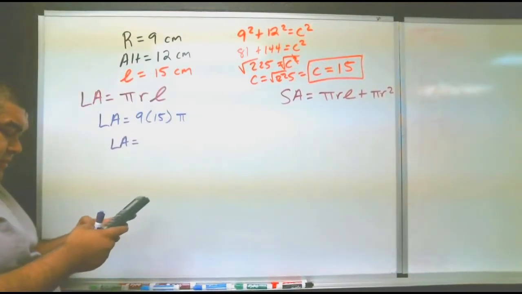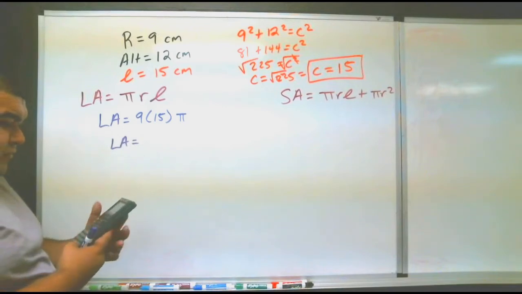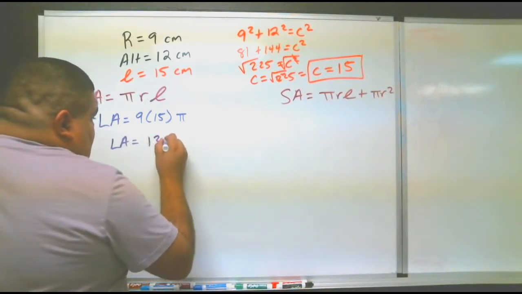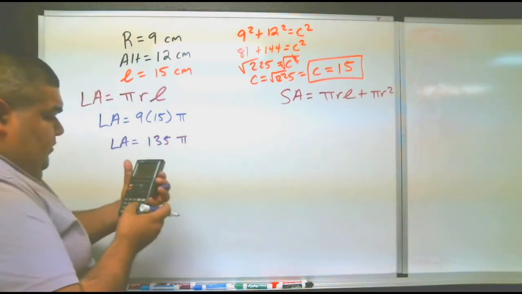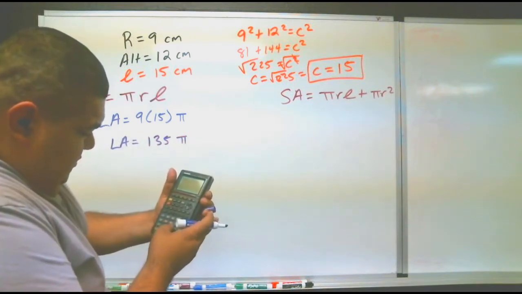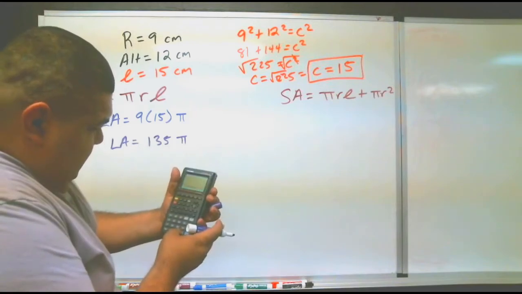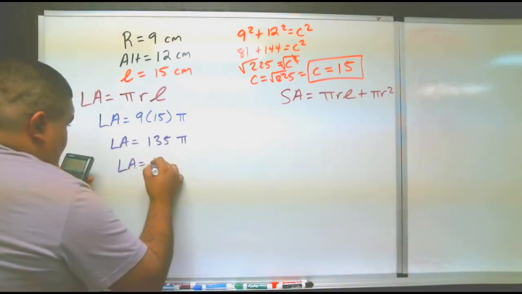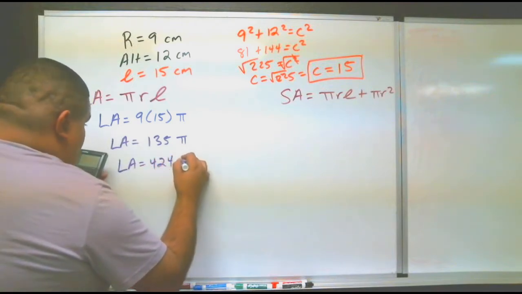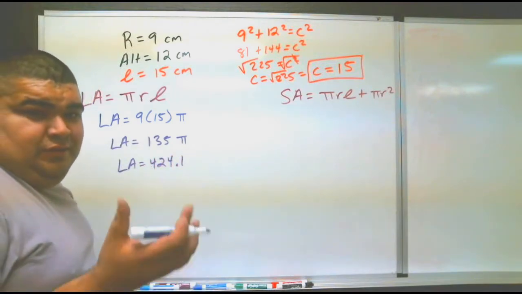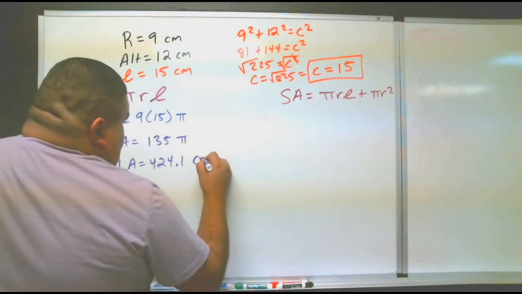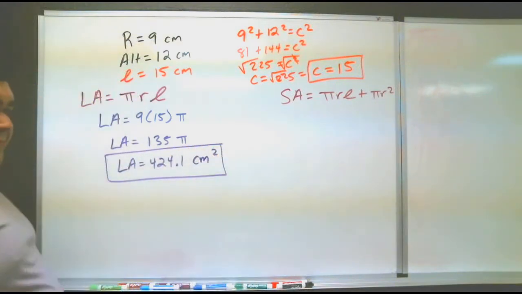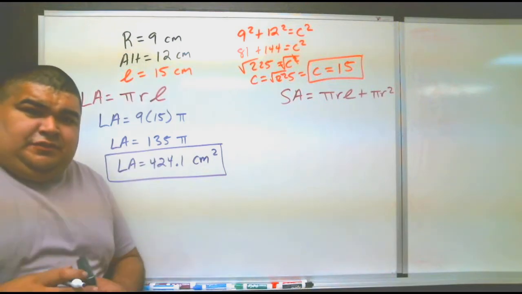So 9 times 15 equals 135 pi. So 135 times pi equals, so the lateral area equals 424.1, because the next number is also a 1, so it keeps it as 1, centimeters squared. Okay? And we're done with the first part.